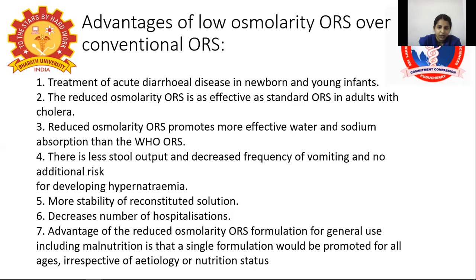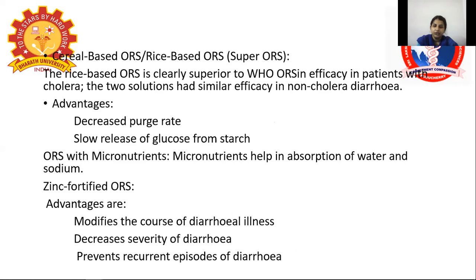Advantages of the reduced osmolality ORS formulation for general use, including malnutrition, is that a single formulation would be promoted for all ages, irrespective of the etiology or the nutritional status of the child. So, if ORS is not available, then cereal-based ORS or rice-based ORS, which can be considered super ORS, can be given. The rice-based ORS is clearly superior to the WHO ORS in efficacy in patients with cholera.